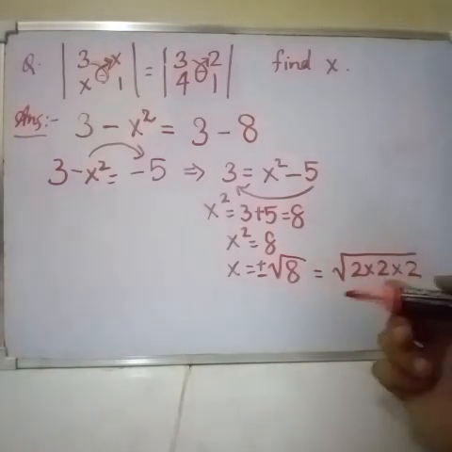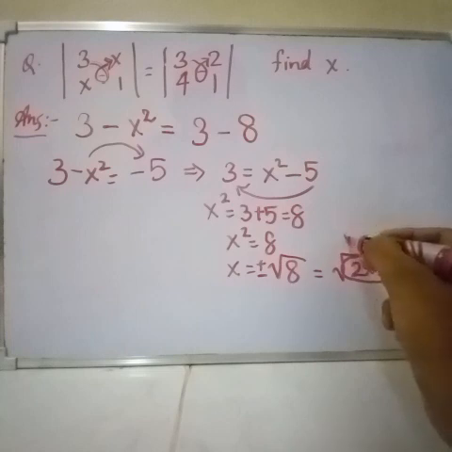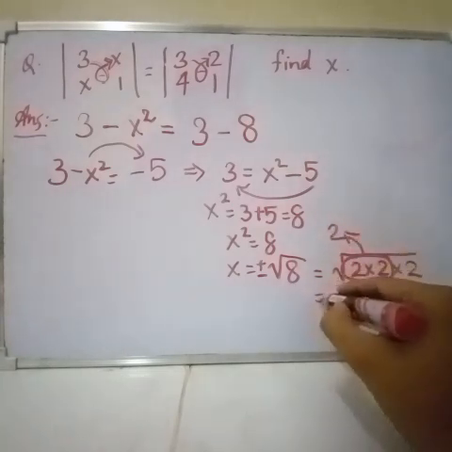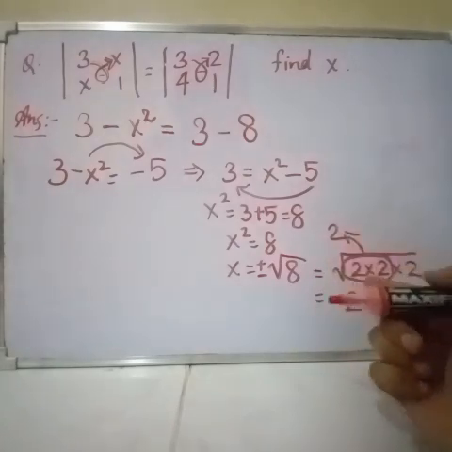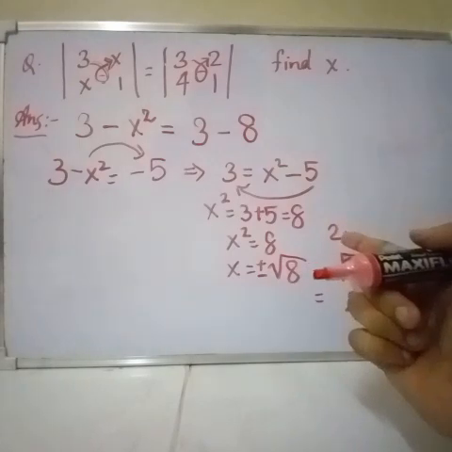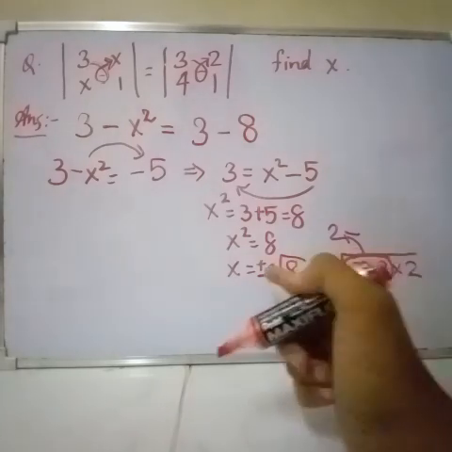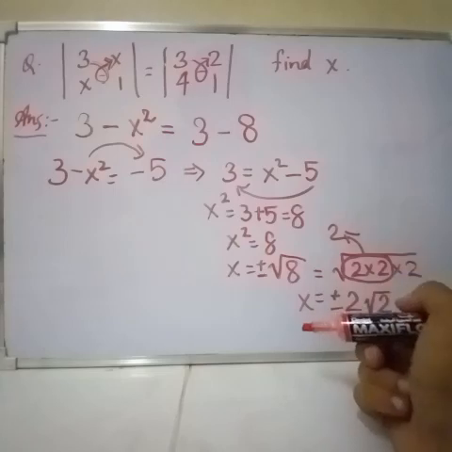So here we have three 2's, but for a square root we need two 2's to take one 2 outside the square root symbol. So it will be equal to 2, the two 2's inside taken as one 2 outside, times root 2. Only one root 2 will remain inside. Then the plus or minus symbol. So x will be equal to plus or minus 2 root 2.